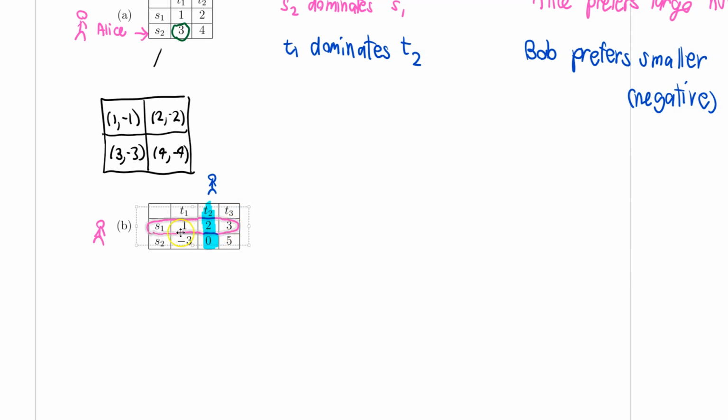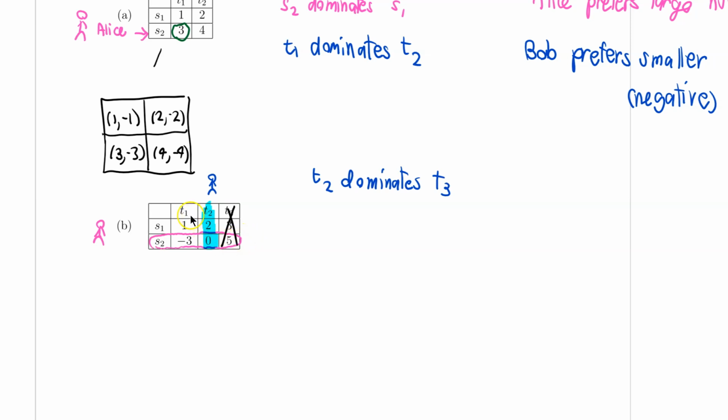On the other hand, if Alice chooses the bottom row, then T2 is still better than T3 because paying nothing is better than paying $5. So we can say that T2 dominates T3. So for Bob, we can already eliminate T3.